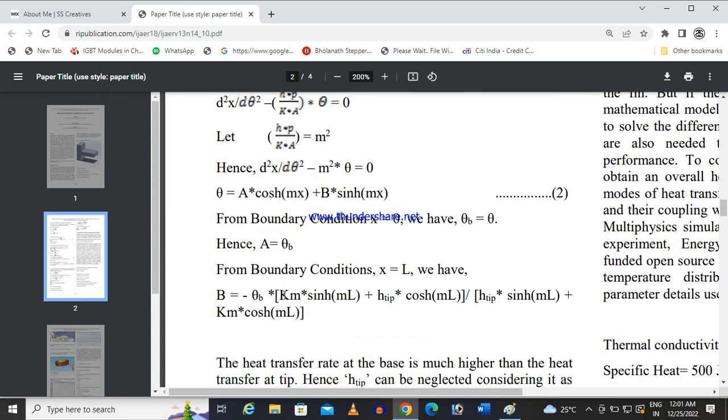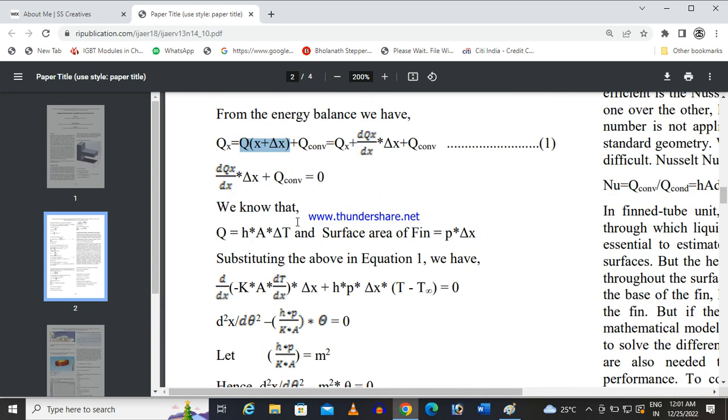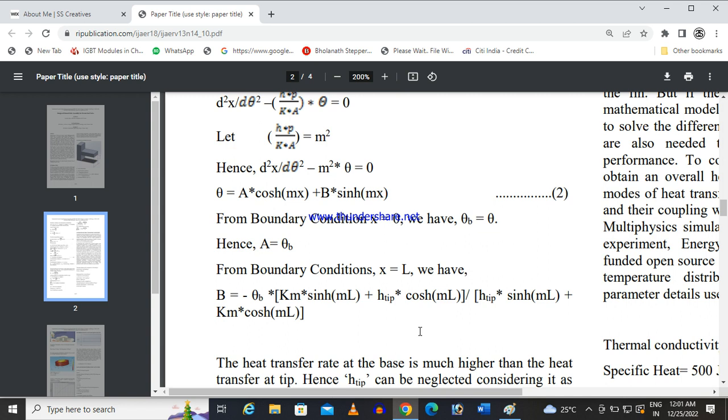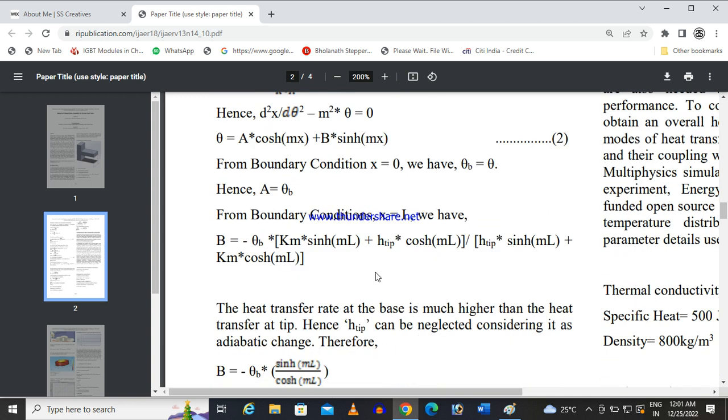So here theta is equal to theta b cosh mx plus B sinh mx. If you differentiate that, you will get this d theta by dx, and here you put the value. As I told, at x equal to L, the convective heat transfer is nothing but the convective heat transfer coefficient at the tip of the fin.